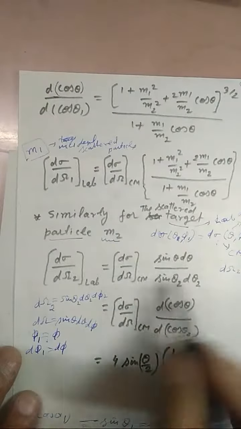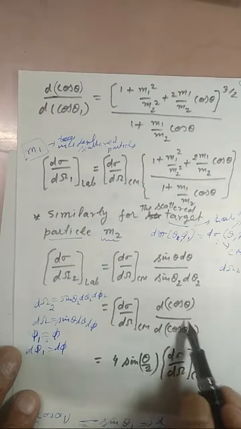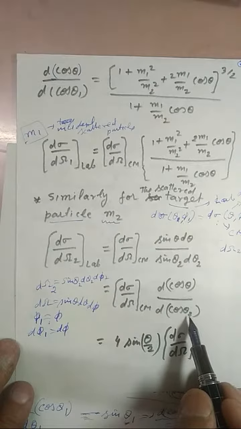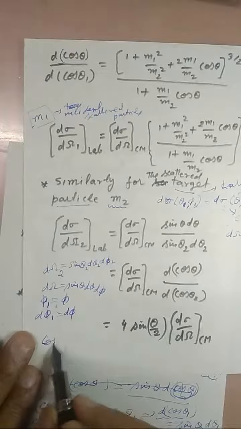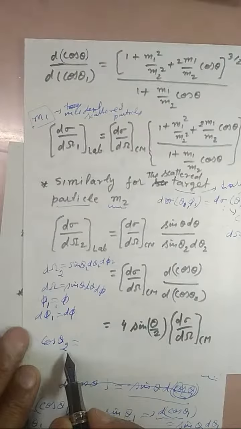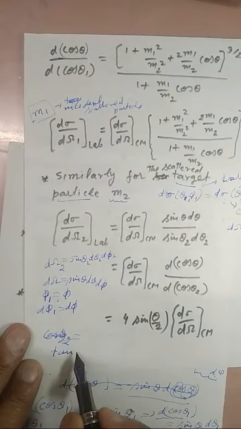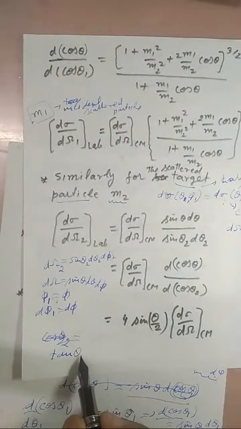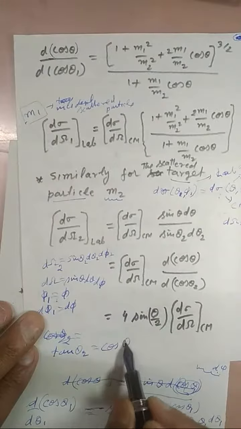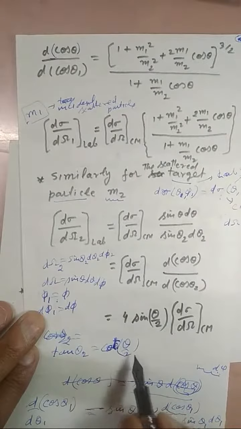So in a simple fashion we get this, and we know that earlier we derived the relation for this angle, cos of 2 theta, that is connecting a relation that we derived in terms of tangent theta 2 is equal to cotangent theta by 2.